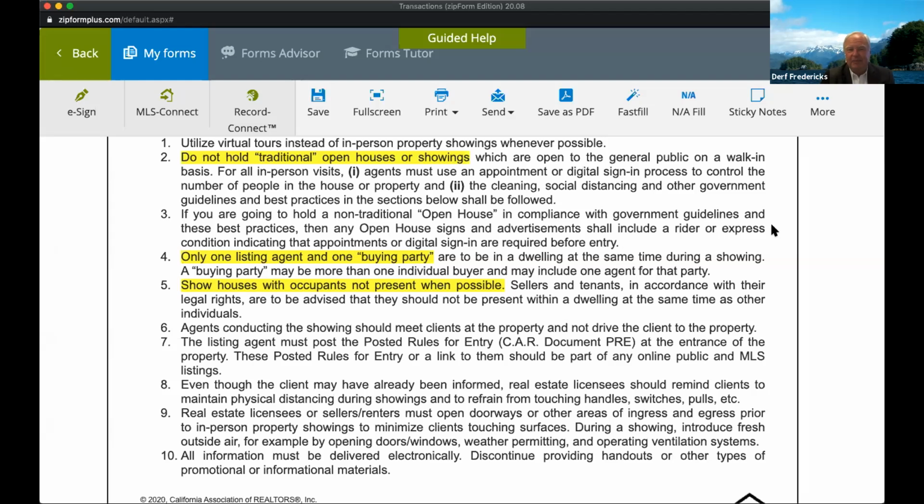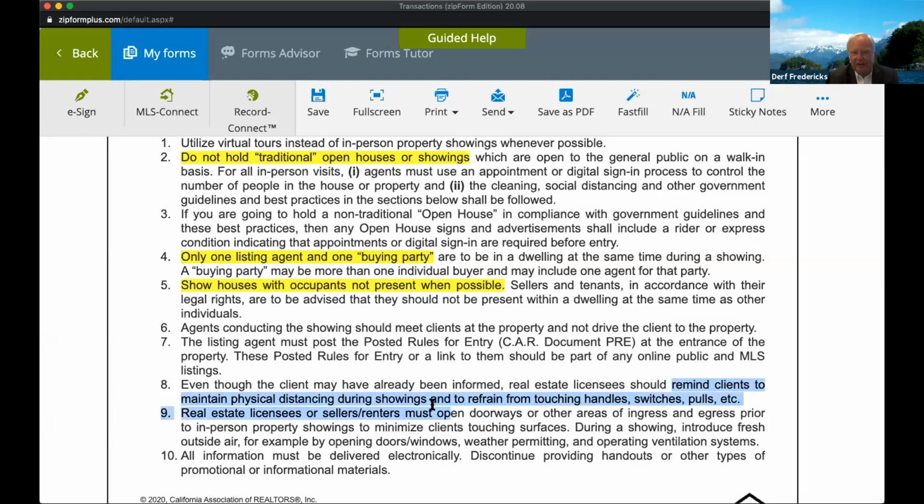I mean, the buyers really don't want to see the sellers, and the sellers should not be talking directly to the buyers. But in this best practices form, it specifically states that the residents or the seller should not be present at the showings. Everybody should be practicing social distancing, and masks are required.